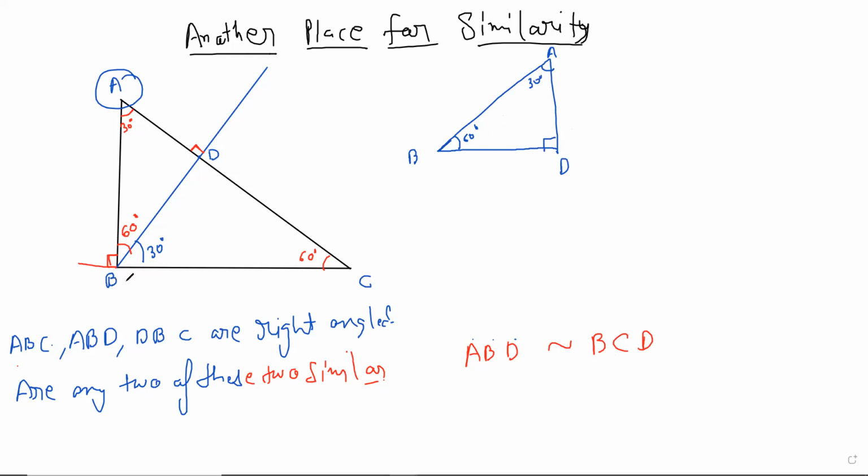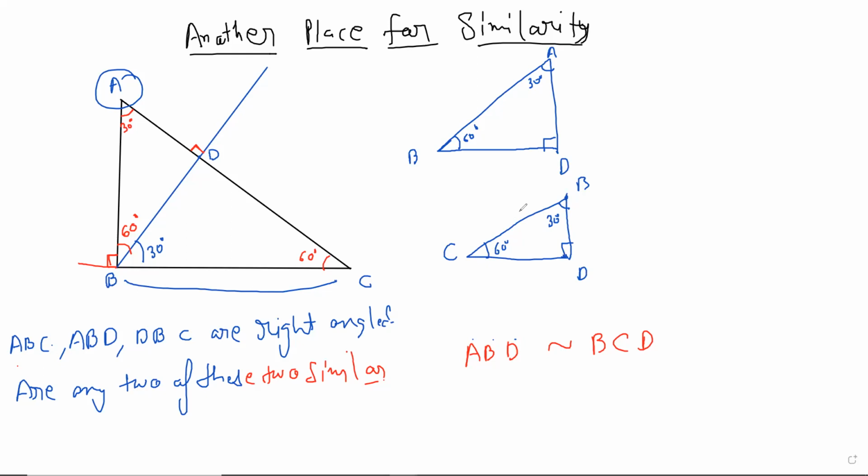Now this is similar to BCD. So BC, that's again a 30, 60. I think that's correct. So B, C, and D. You see the B would again be 30, the C would be 60. Now it's very clear that they are similar, all the angles are the same, and it is similar in the right orientation.